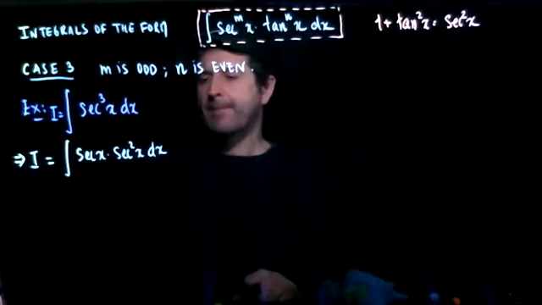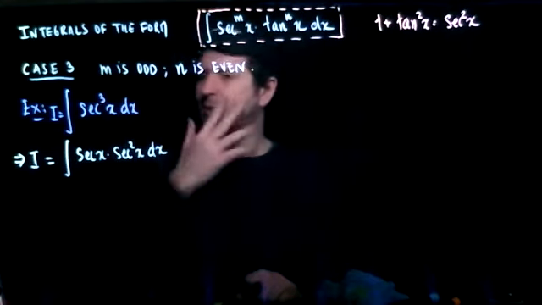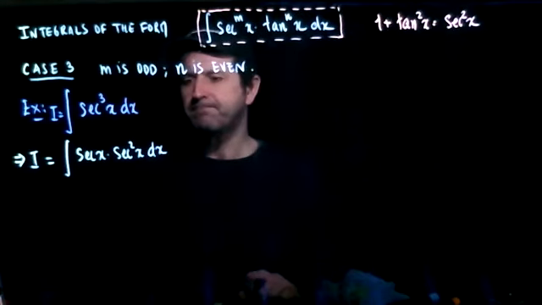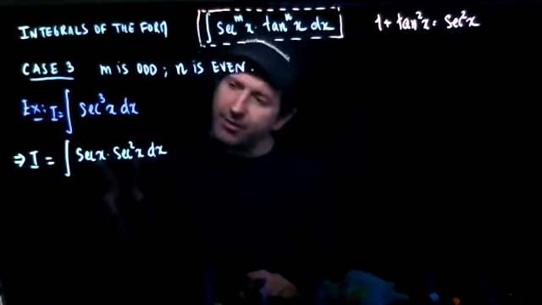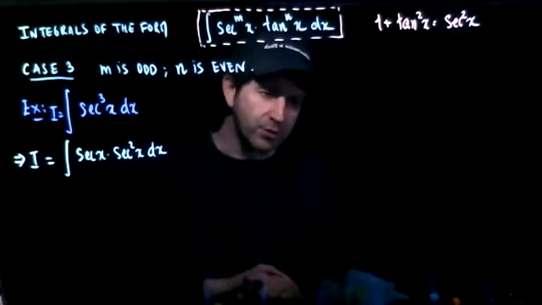I is for integral. You'll see why in a minute. And this integral now, I have a multiplication. I'm going to use integration by parts.